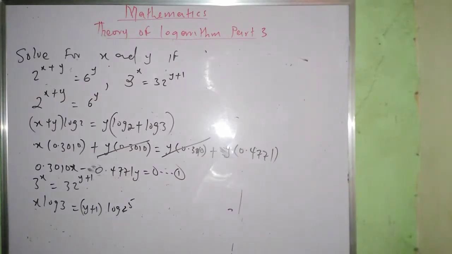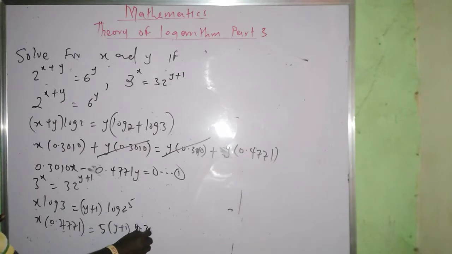Now, since I have that, I can write x bracket of 0.4771 equals, the 5 will come down, 5 bracket of y plus 1, and log 2 will be 0.3010.